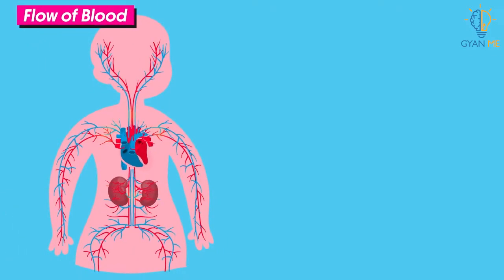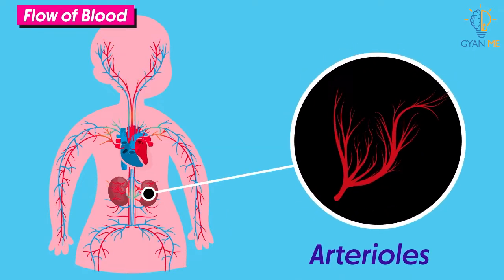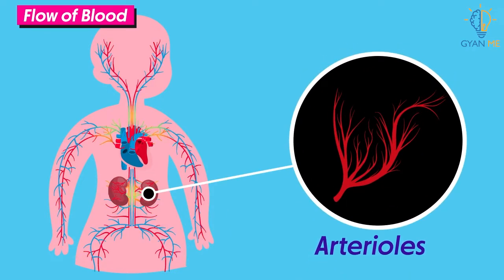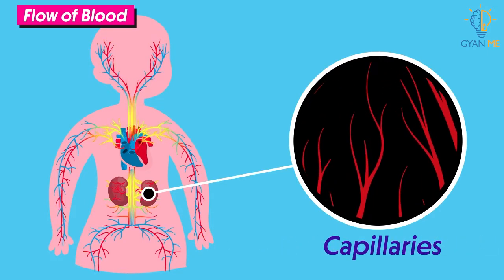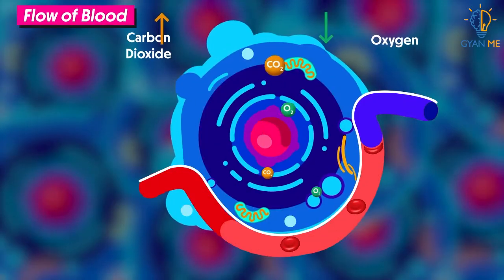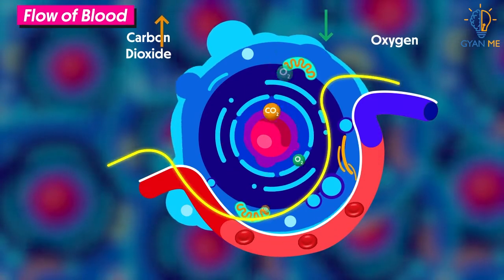Now blood continues from arteries to fine branched tubes called arterioles, and from here blood enters the narrowest vessels called capillaries. The capillaries have extremely thin walls. In fact, the wall is made up of only one cell layer.